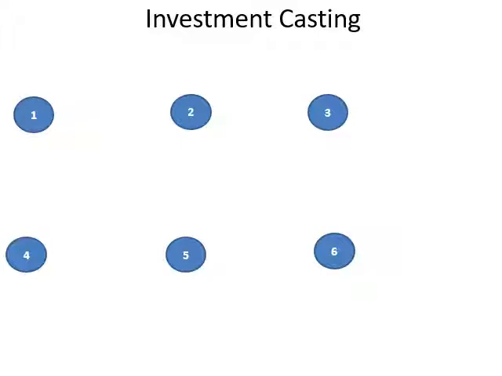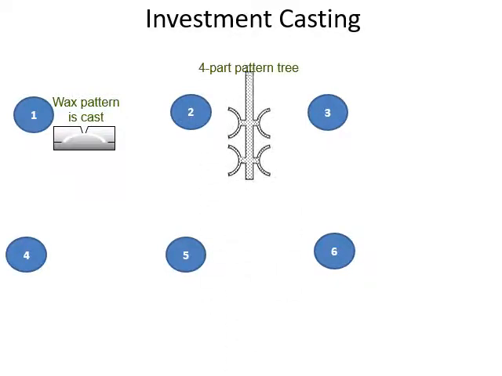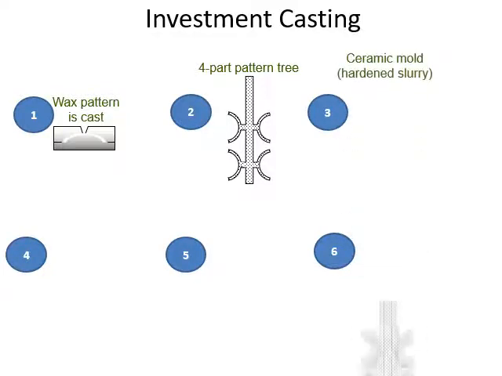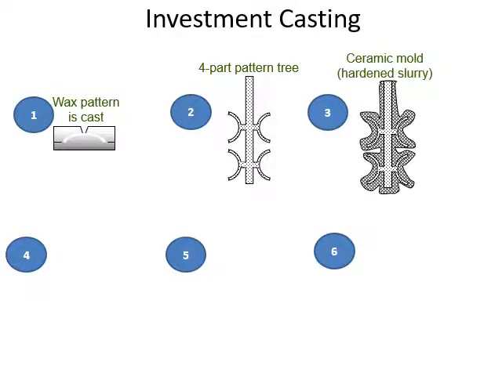Here is the detailed process for investment casting. First, you make a mold made from wax, and then you combine it into a four-part pattern tree, for example. Then you put the four-part wax pattern tree into a container, and then you pour in the slurry and let it harden.